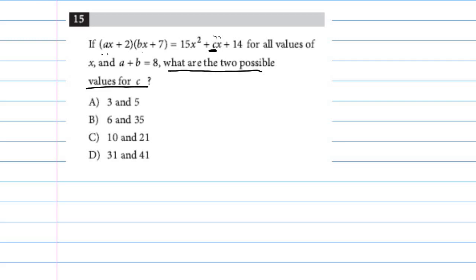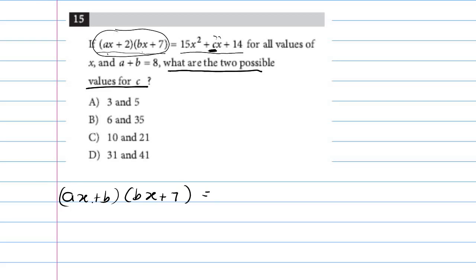All right, so what do we do? This is a factored form, and this is the standard form of a quadratic function, right? Okay, so let's just distribute this and see what happens. Let's see, ax plus b and bx plus 7, right?